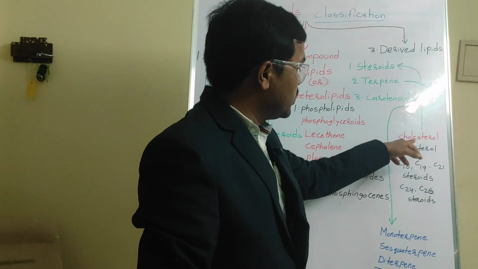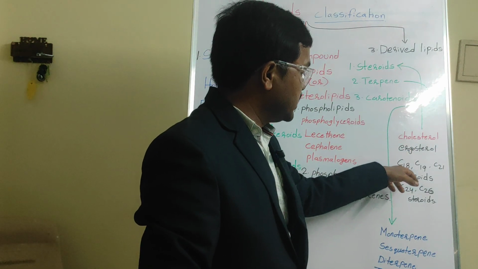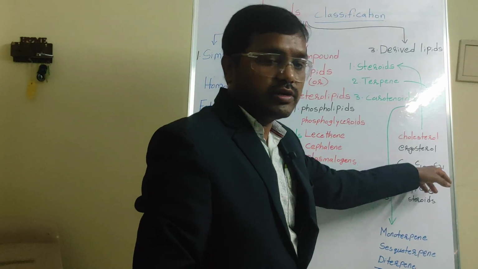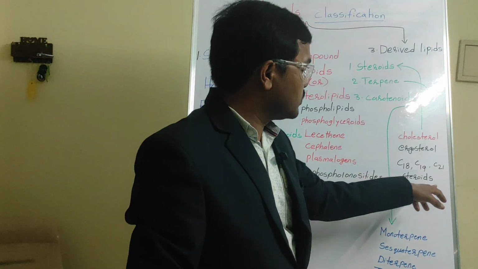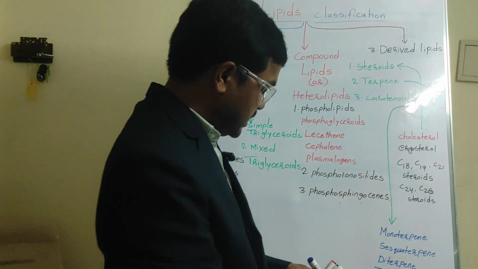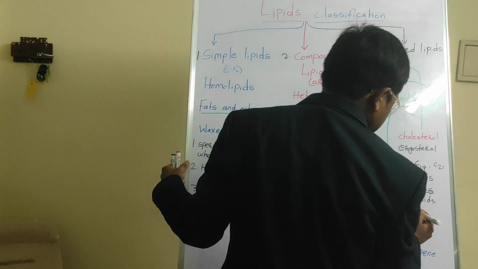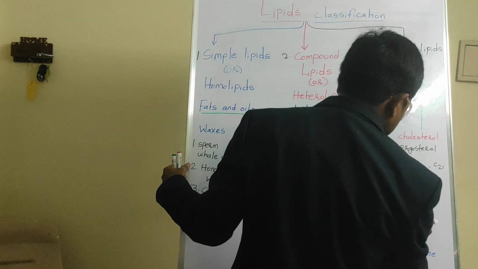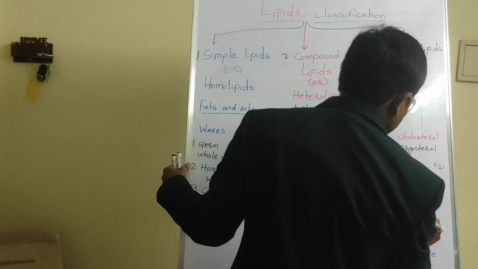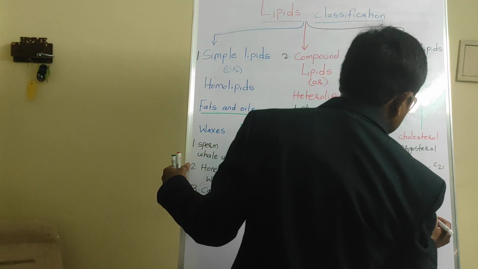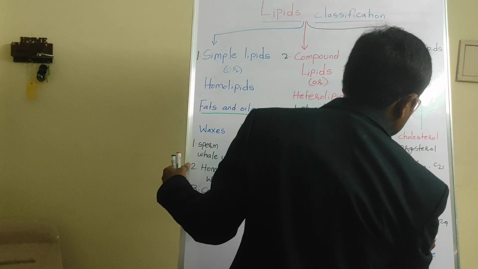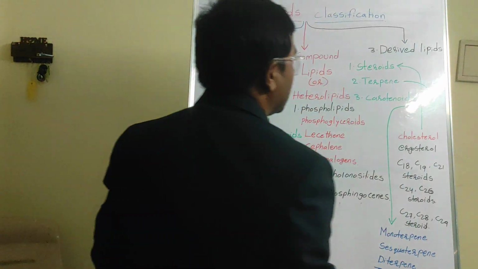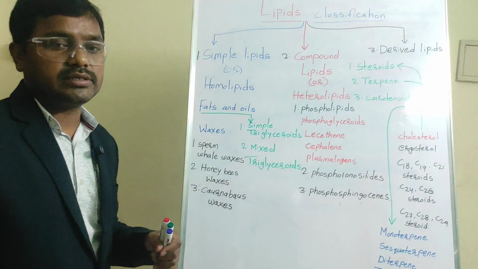Steroids example: cholesterol, ergosterol, C18, C19, C21, C24, C26, C27, C28, C29 steroids. The last one is carotenoids.